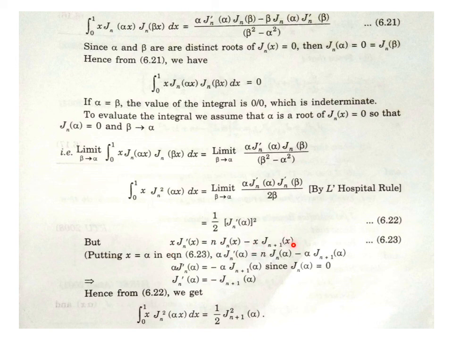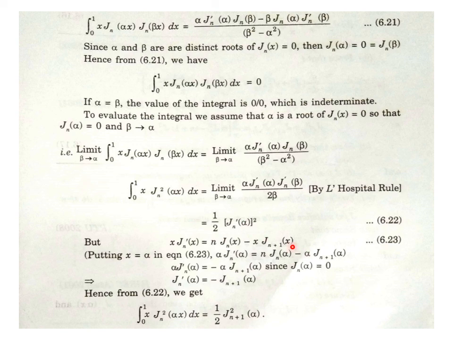How? Here we have J_n(alpha) equals 0, and for using that we substitute x equals alpha in equation 6.23, this recurrence relation. It becomes alpha J_n'(alpha) equals n J_n(alpha) minus alpha J_(n+1)(alpha), and J_n(alpha) can be substituted as 0 for the first part.